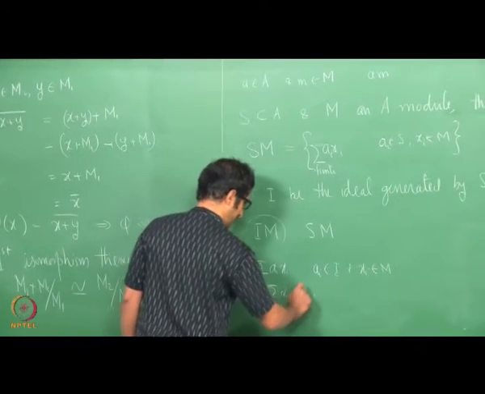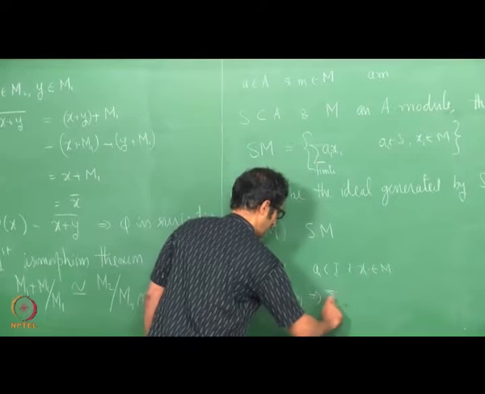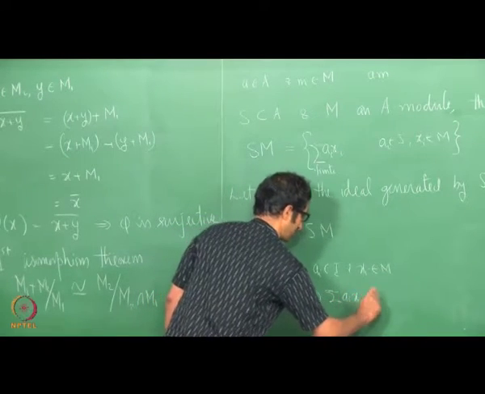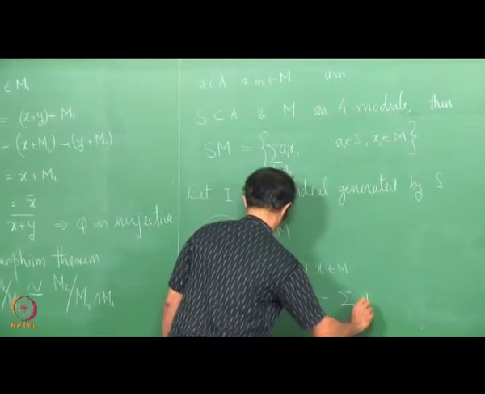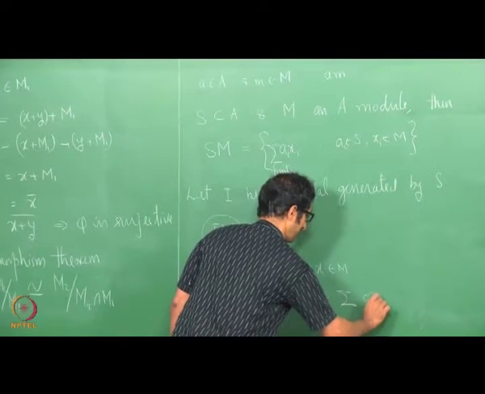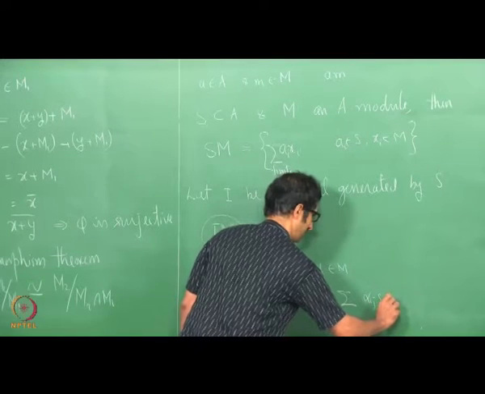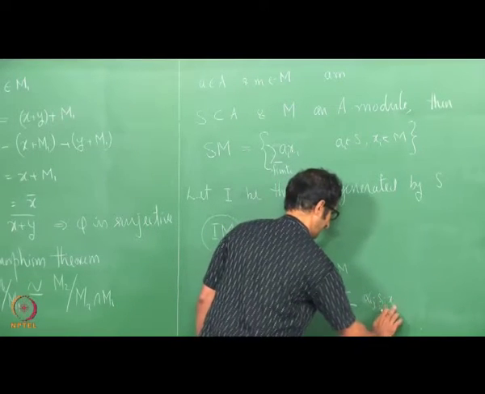So, therefore, this summation a_i x_i looks like summation alpha_ij s_ij x_i.